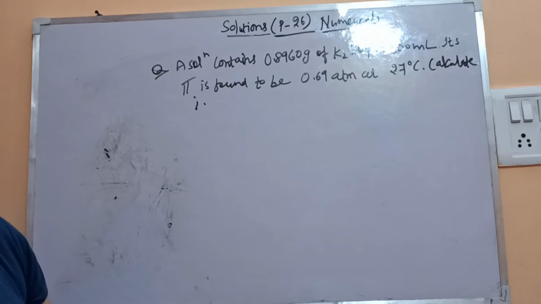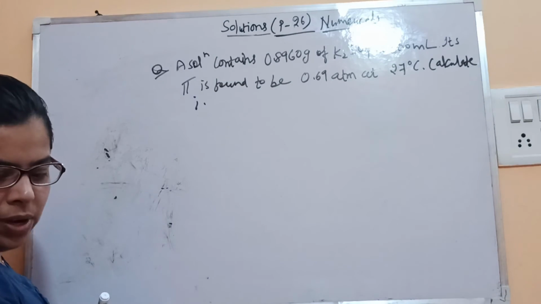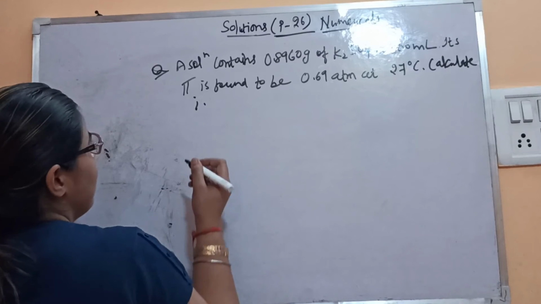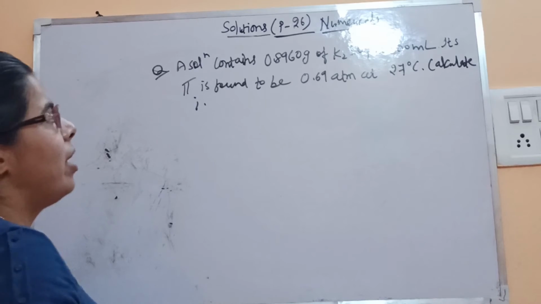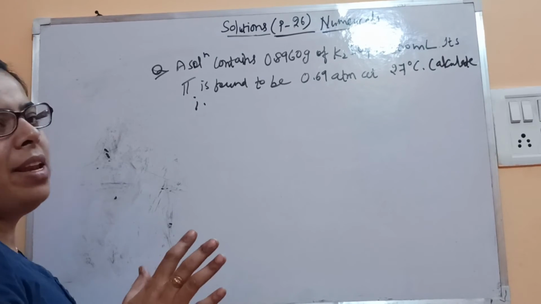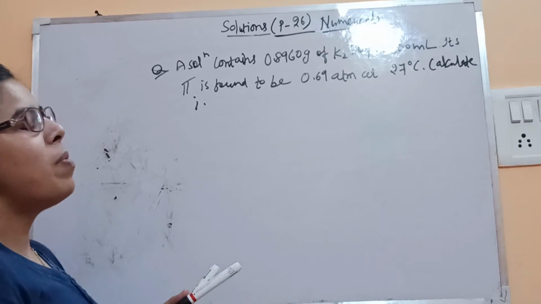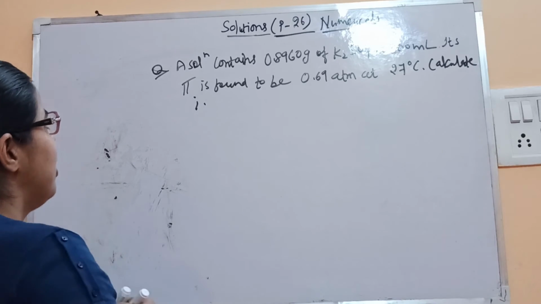We have to calculate i. So first we will calculate the observed molar mass. They are not saying it's completely dissociating, and the percentage is not given. If they said complete, then i is simply equal to the number of particles in case of complete dissociation, but here it is not.